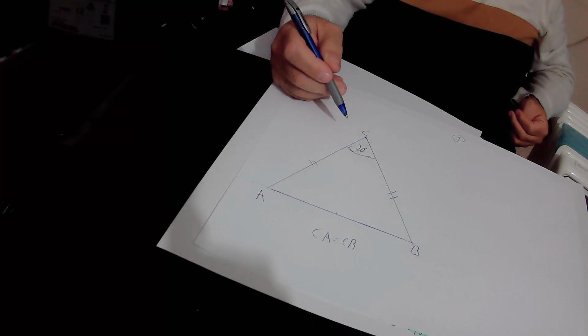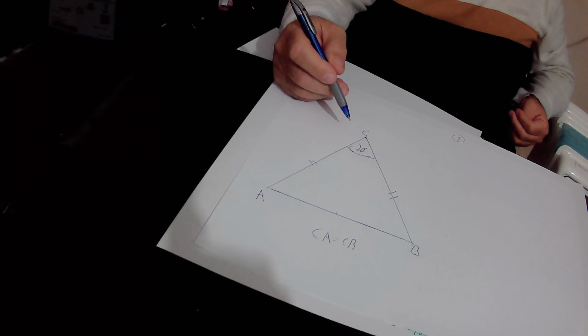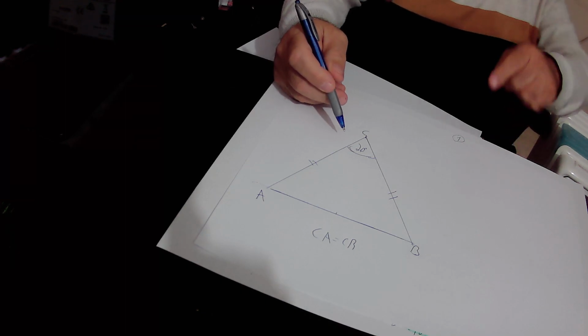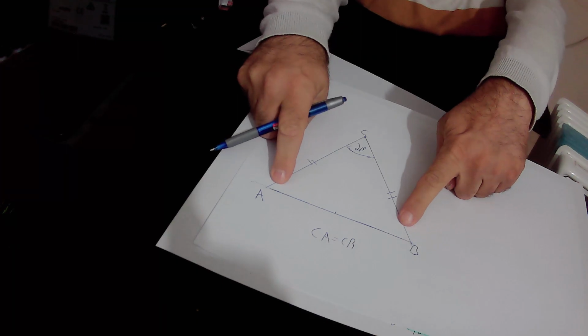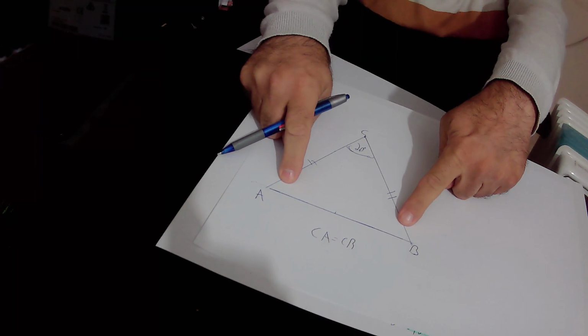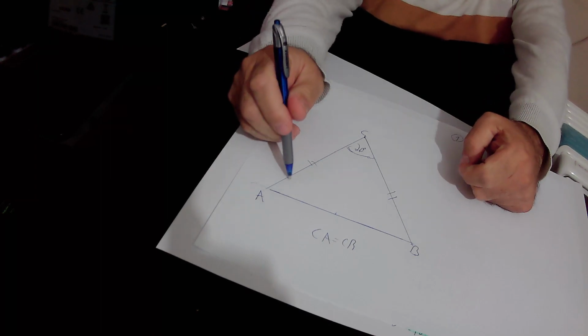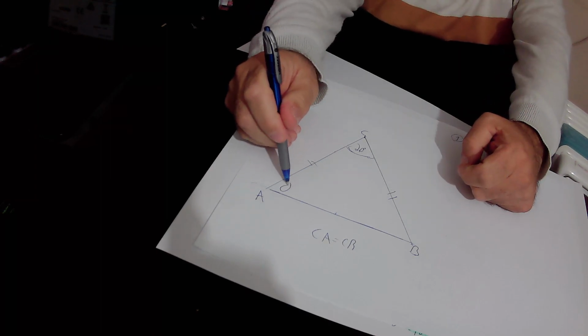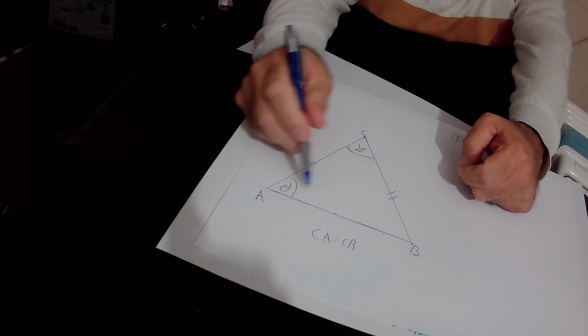And we have the rule that in front of equal sides in the triangle there are equal angles. So those two angles that are located in front of those two equal sides must be also equal to each other. So if one angle is theta, the other angle must be also equal to theta.